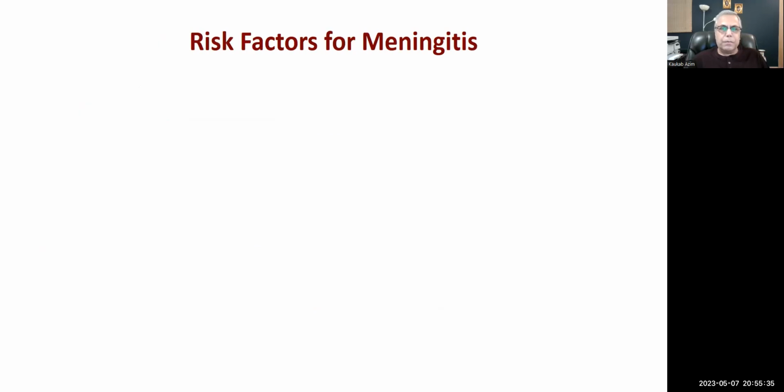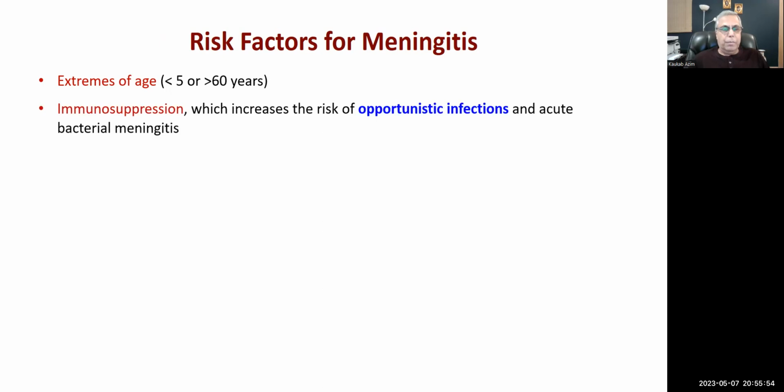Now, what are the risk factors for meningitis? This is important for you to know from a clinical point of view, not necessarily from the examination point of view. So it occurs at the extremes of age, which means less than 5 years and above 60 years of age. Immunosuppression, like any other infection, is an important cause, and opportunistic infections can invade the meninges. HIV infection.